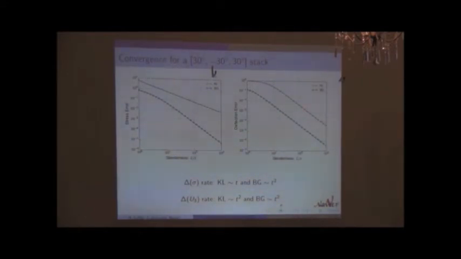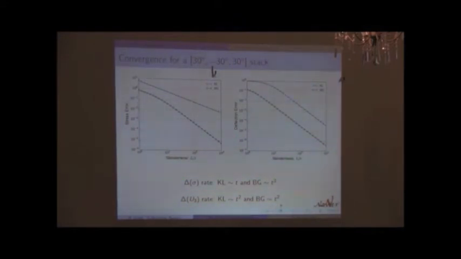So the deflection error is: you take the plate deflection for the Kirchhoff-Love and the bending gradient plate theories, and you compute the difference with the average through the thickness of the exact solution. And the stress error is just the L2 stress error in the sense of stress energy.